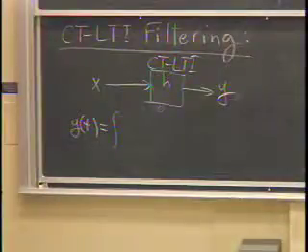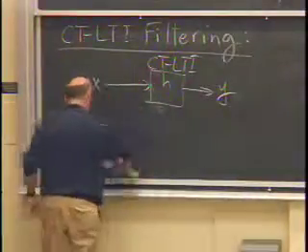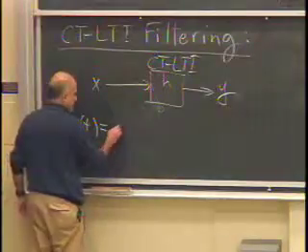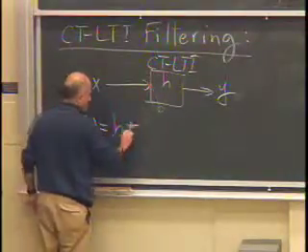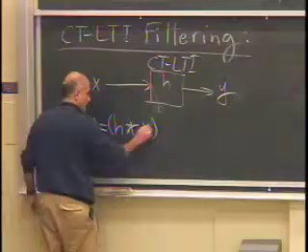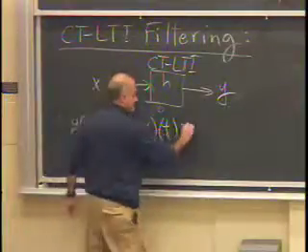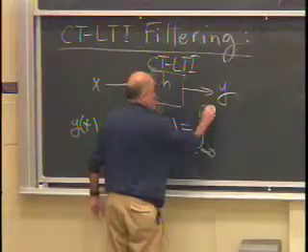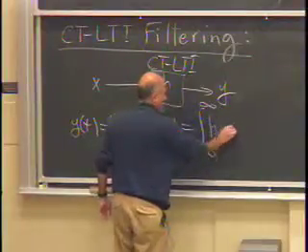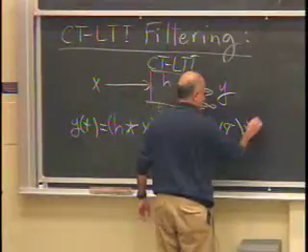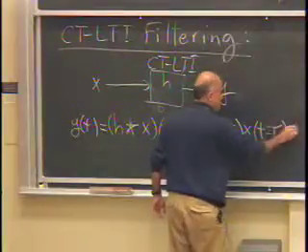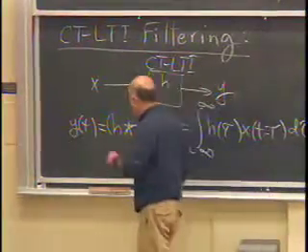X goes in. Y is H star X of t, which is the integral from minus infinity to infinity, H of tau, X of t minus tau, d tau.